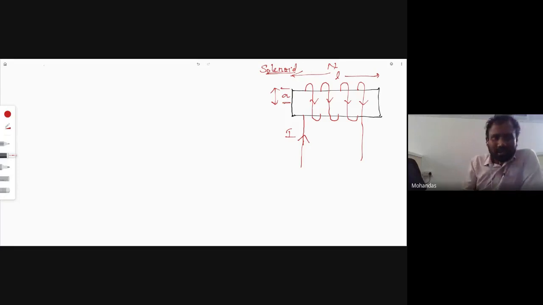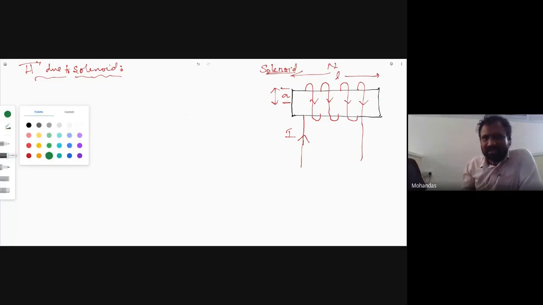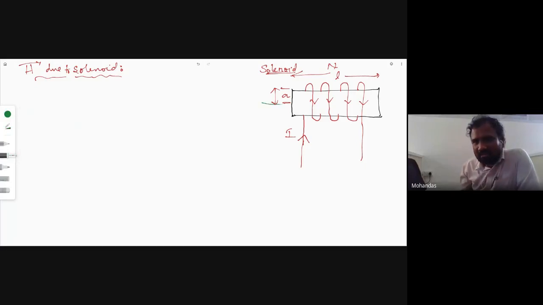Now we are going to calculate the magnetic field intensity H due to this solenoid, on the axis of the loop.